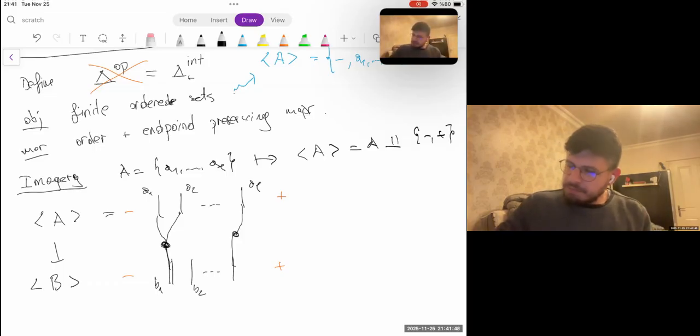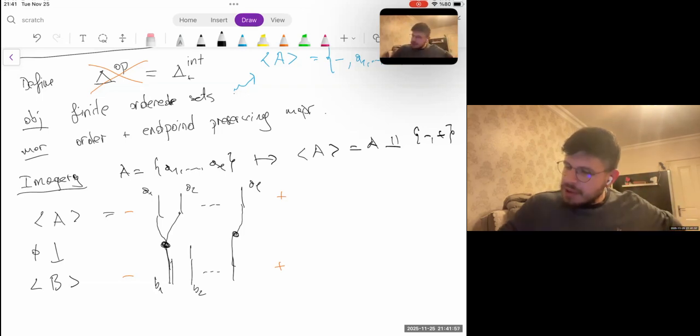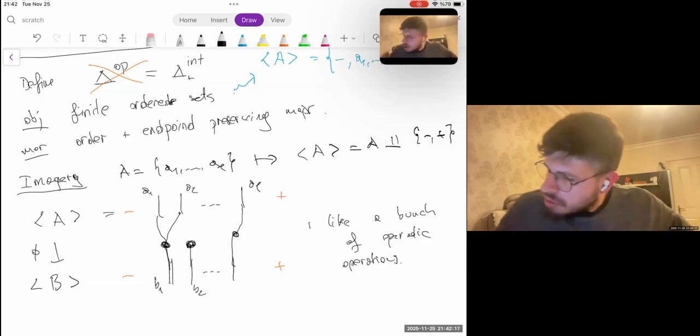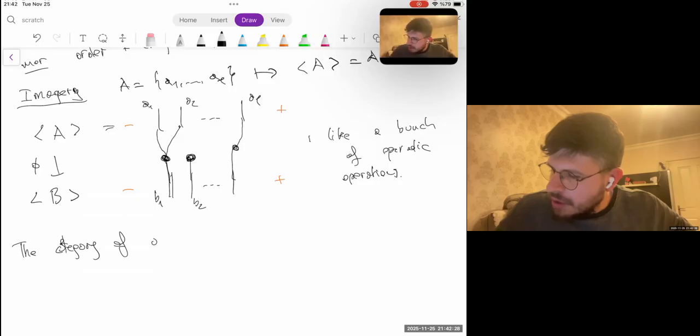The point is that this map phi creates a relationship, like a bunch of these trees that we saw. So this is a bunch of operadic operations, and so we can form something called the category of operators.